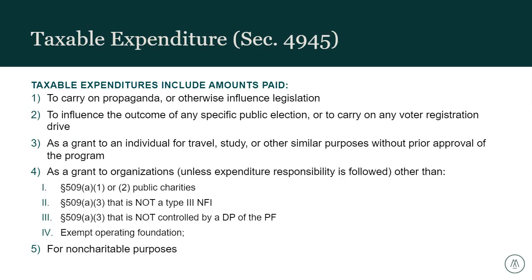Okay, so some other taxable expenditures include amounts paid to carry on propaganda or influence legislation, and that does include both direct and grassroots lobbying. And then taxable lobbying expenditures: there is some lobbying that you can do without incurring a taxable expenditure.